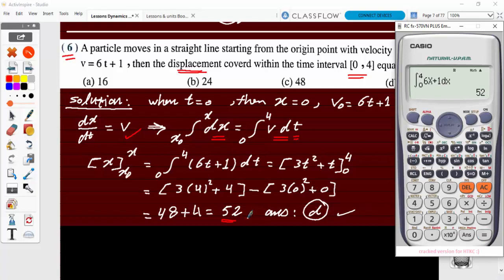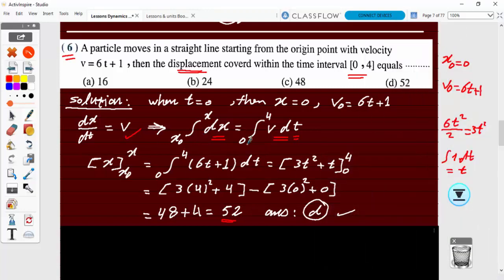And this is the result of the integration. And we will use it here, letter D. Letter D.